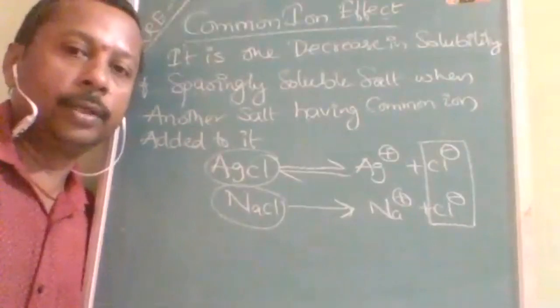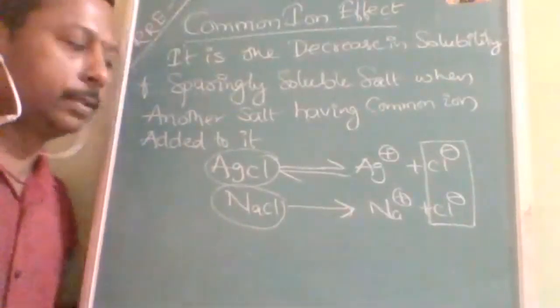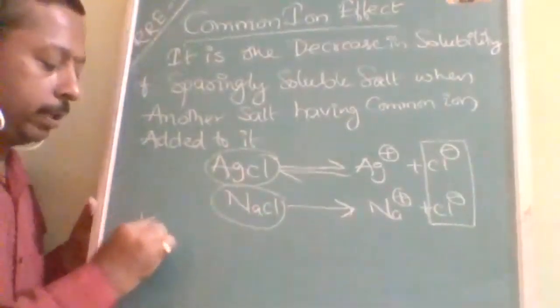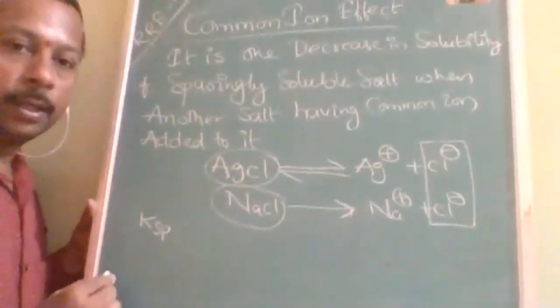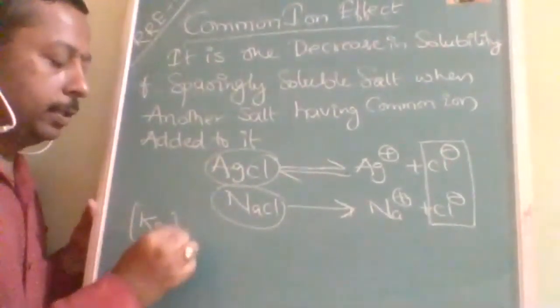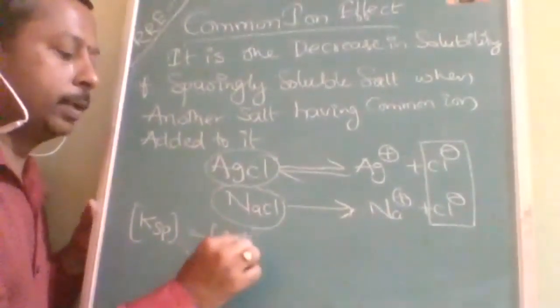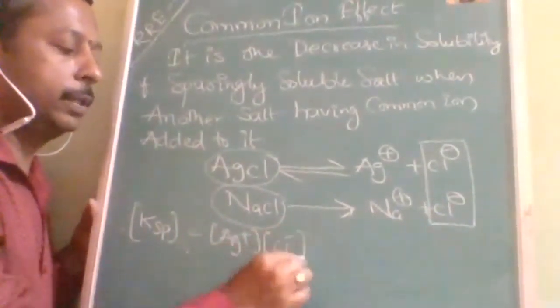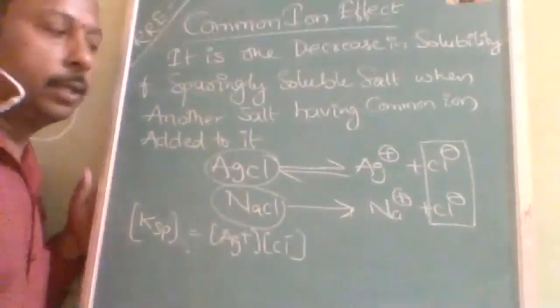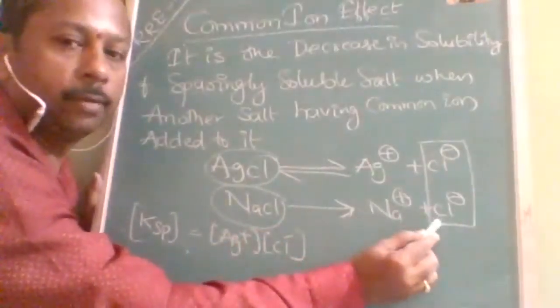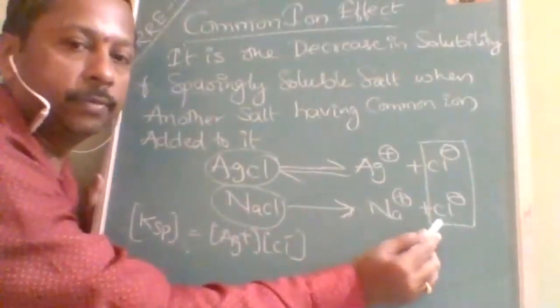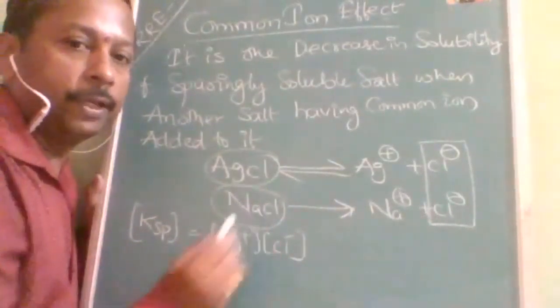So in this part, what happens? Normally what we write is Ksp of AgCl equal to concentration of Ag plus into concentration of Cl minus. But NaCl is almost completely dissolving, so the Cl minus will be equal to the concentration of NaCl.